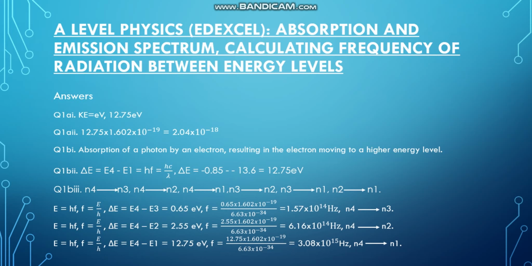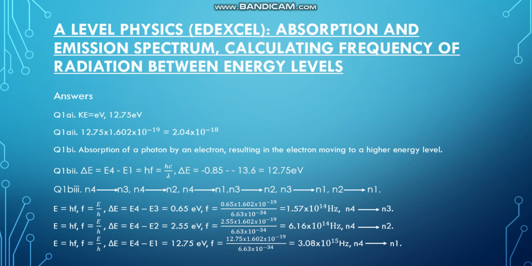So I use E equals hf, which is the photon energy equation. I rearrange to make f the subject of the formula. I then use the photon energy difference formula, and I find the difference of energies between the given energy levels. For example, for the first one, the difference in energies is 0.65 electron volts.